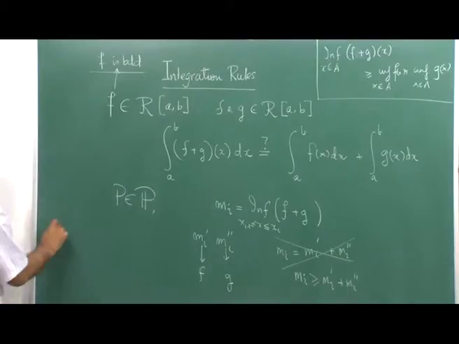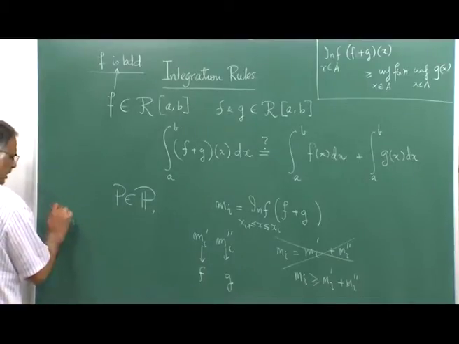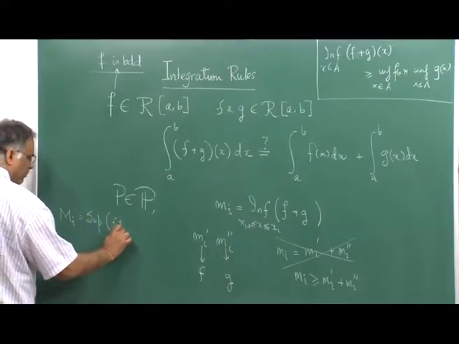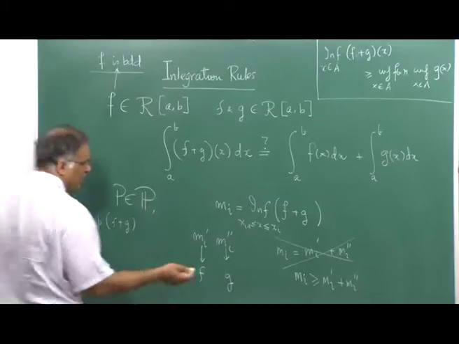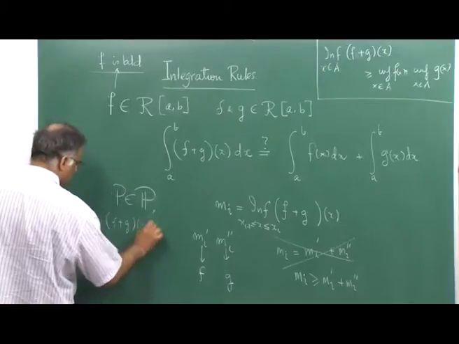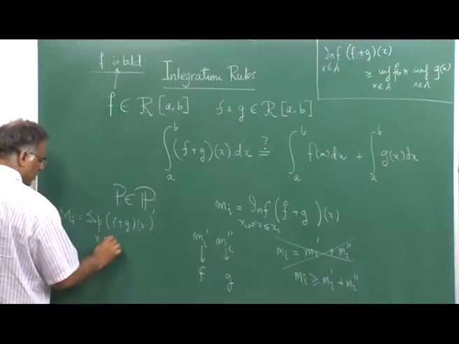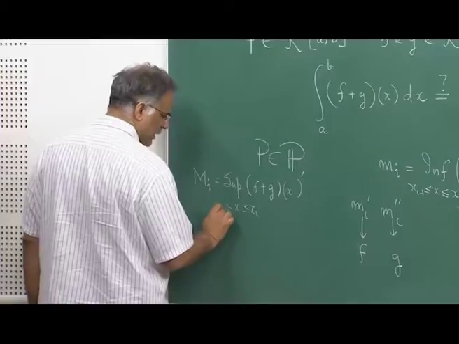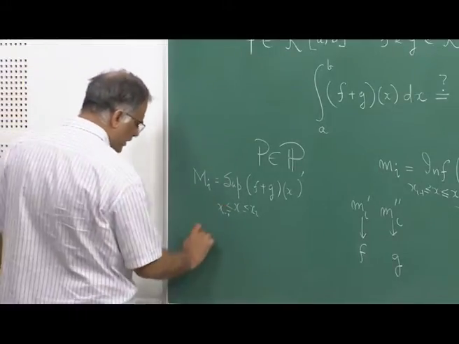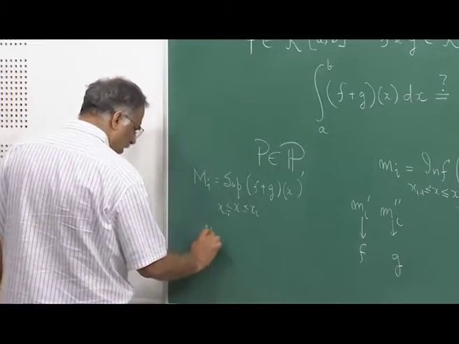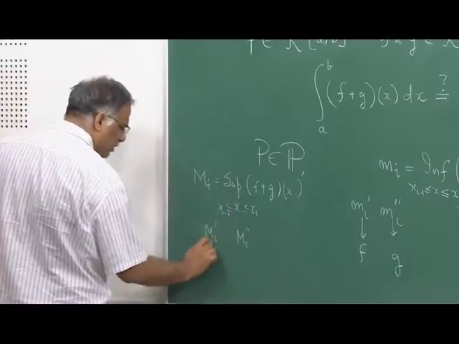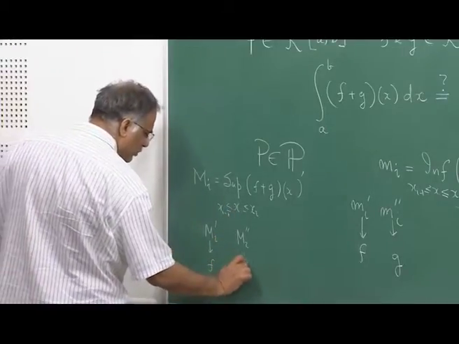So, let us look at the supremum. I can write capital Mi as the supremum of f plus g of x, where x lies in the interval between x_{i-1} and x_i. Then I will say capital Mi dash and Mi double dash are the supremum over the same interval, for f and for g respectively.